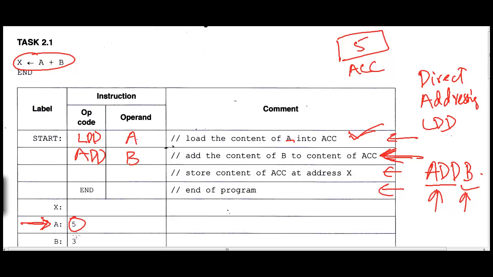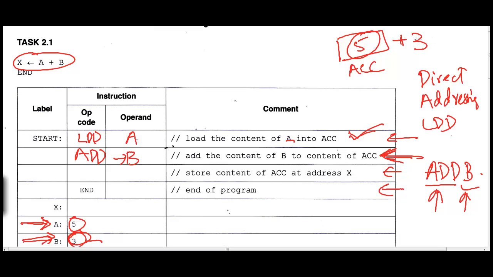So add B is going to do what? We are going to go to location B. This is the address. We are going to take this value 3 which is held at address B, and this value is going to be taken inside the CPU, and inside the CPU the already existing value in the accumulator is going to be added to this new value 3, and the result is going to be stored into the accumulator.